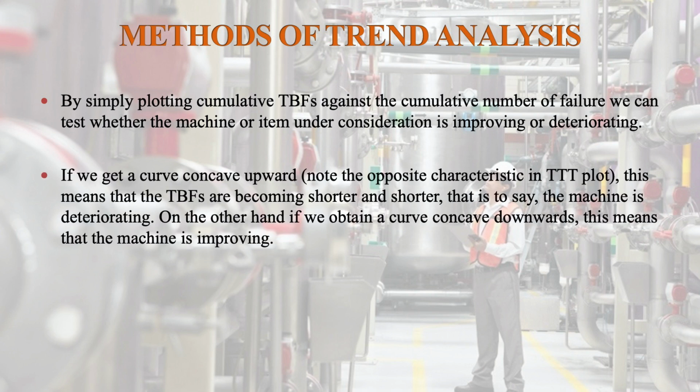If we get a curve concave upward, note the opposite characteristics in TTT plots, this means that the times between failures are becoming shorter and shorter. That is to say, the machine is deteriorating. On the other hand, if we obtain a curve concave downwards, this means that the machine is improving.